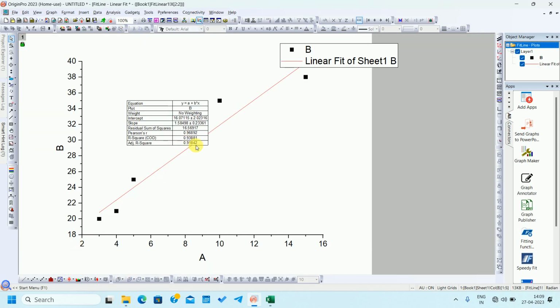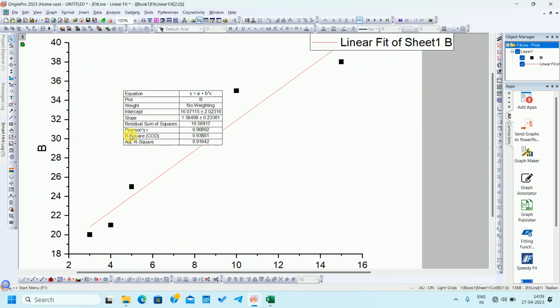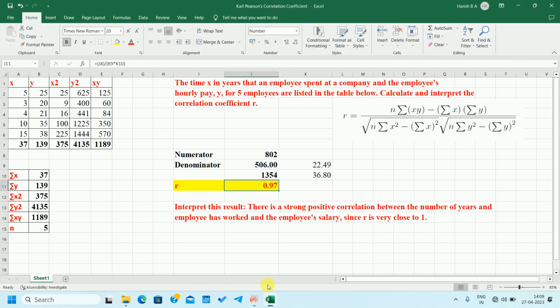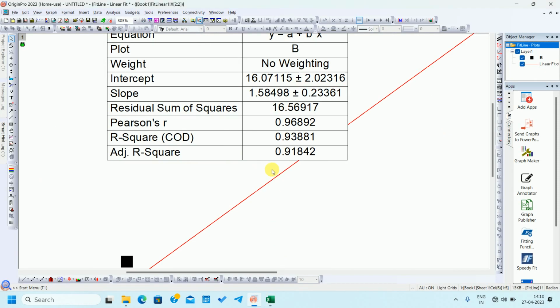It will be enlarged. See here. Here Pearson's R, that is correlation coefficient, is 0.96892. So in Excel also it is nearly equal to 0.97. So in this way you can calculate the Pearson's correlation coefficient.